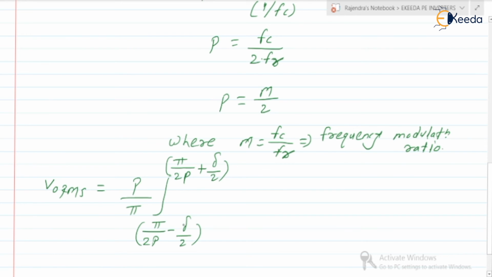What is the magnitude? It is EDC square. RMS value we are finding, so EDC square into d omega t, to the power 1 by 2.